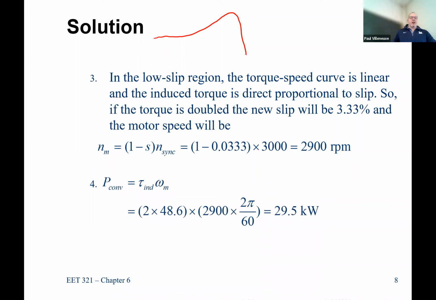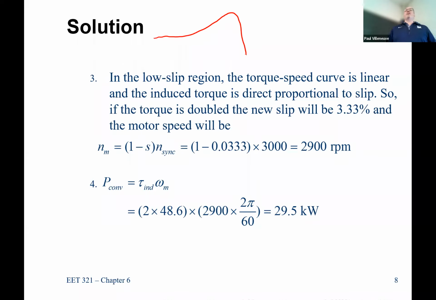Now, our output power, you've got a doubling of the torque, so you just multiply that by 2. And we don't double the speed, right? We double the slip, but that means that our speed is reduced by 50 RPM, or double what the slip speed is. So we don't get 30 kilowatts, we get 29.5, because power is equal to torque times omega.